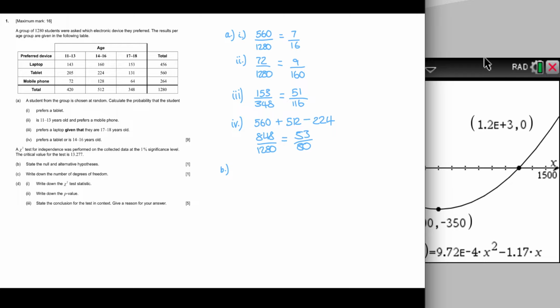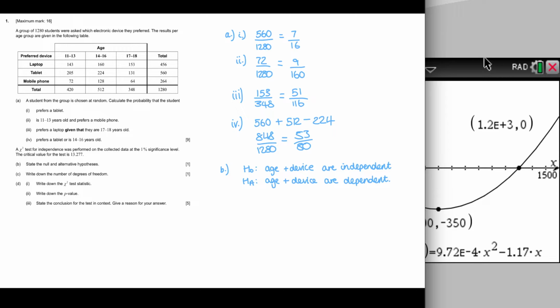In this one, it's the age and the preferred device. So the null hypothesis is that age and preferred device are independent. And the alternative hypothesis is that age and device are dependent, so they are impacted by each other. The key words there are independent and then dependent.